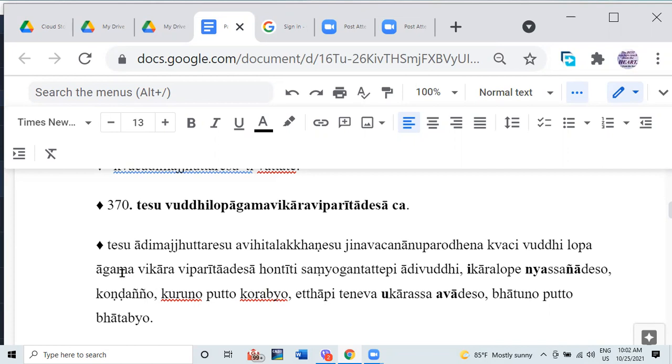Tesu Adi, at the beginning of a word. Majjhesu, in the middle of the word. Uttara, at the end. So Tesu Adi Majotaresu, Avihida Lakanesu. Avihida means not yet arranged.